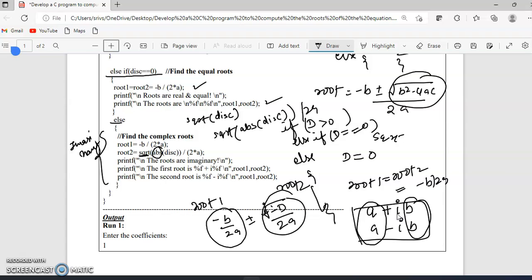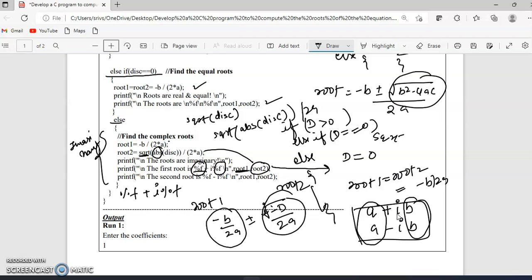So this part is root 2, and then while printing, how am I printing? Percent f plus i percent f. So this I am printing as it is. Instead of this percent f, the root 1 value will come. Instead of this second percent f, the root 2 value will come. So the first one will be what?